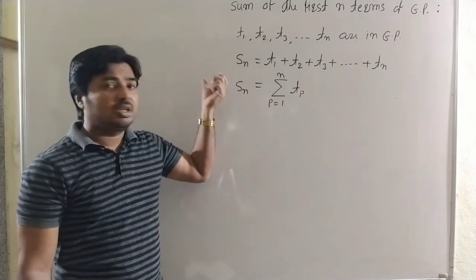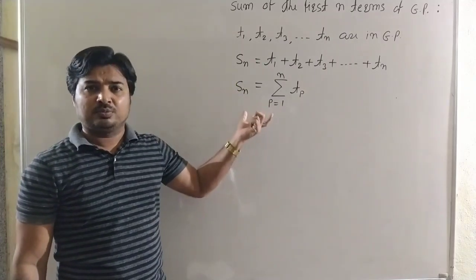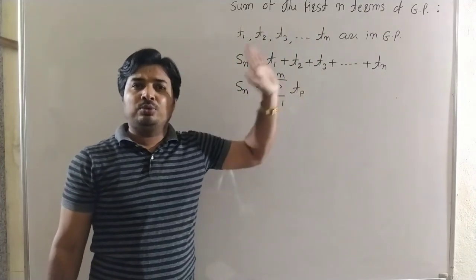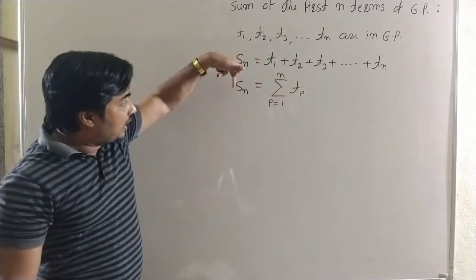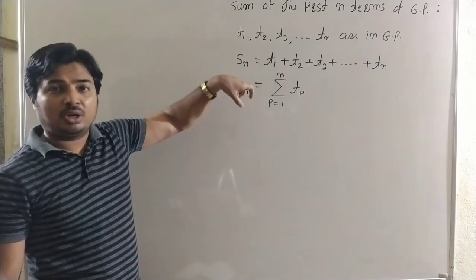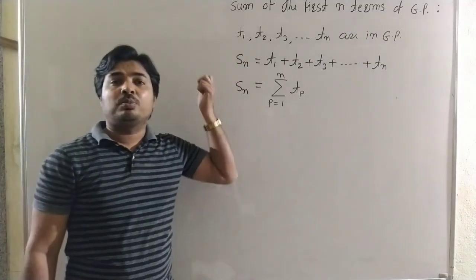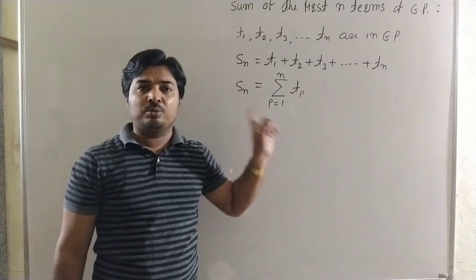It is Sn, but how do we calculate Sn? There are n terms. To find the sum, we use a formula. First we prove this formula.